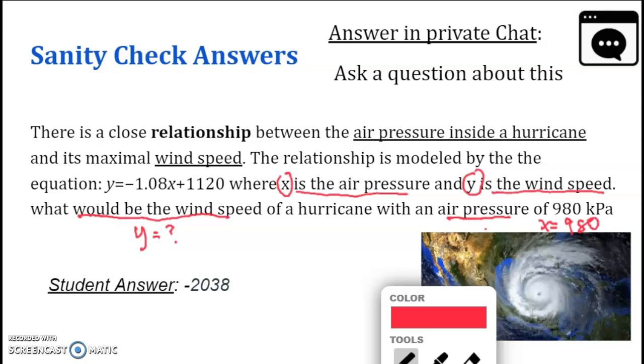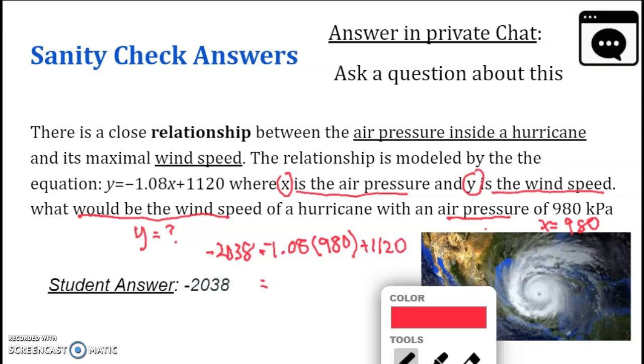Okay, so now the student got negative 2038 as the answer. How do I check if this is correct? Well, I am saying that I have just found y to be negative 2038. And this equation tells me y is equal to negative 1.08 times x, which is 980, plus 1120.